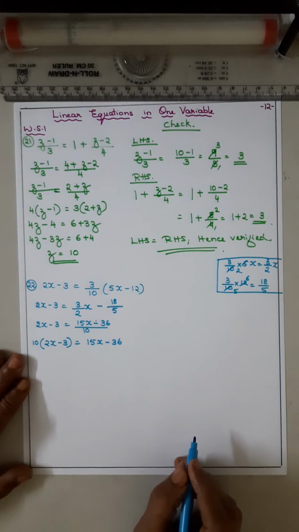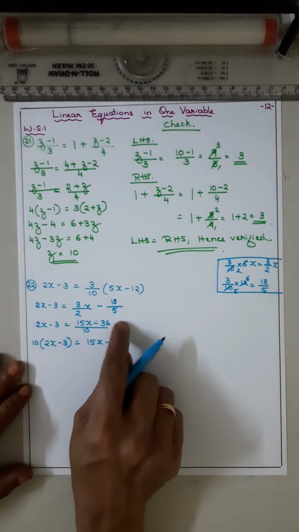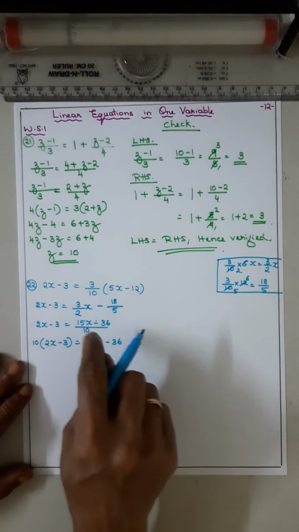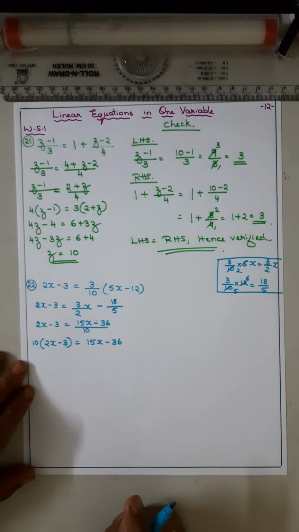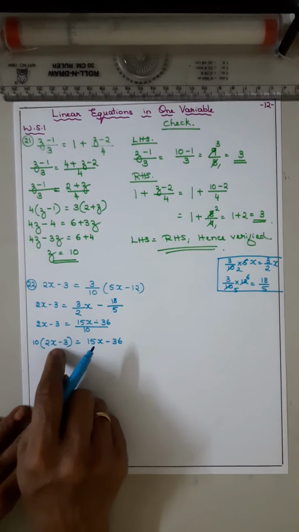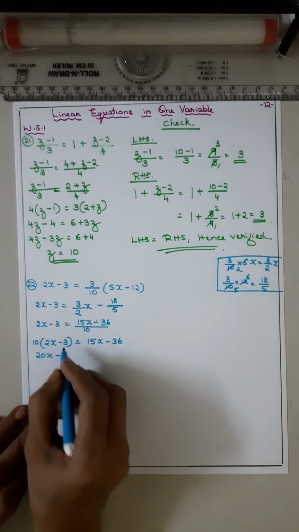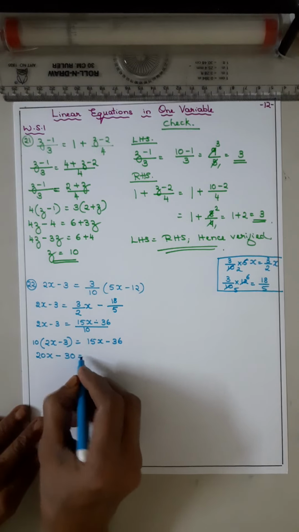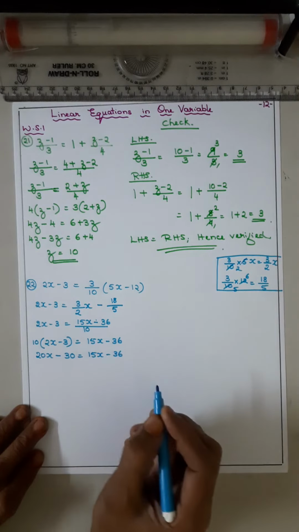Are you understanding this? First we took the LCM of this and we have solved and multiplied 10 into the numerator of LHS. Okay, now 10 2s are 20x minus 10 3s are 30. Now here it is 15x minus 36.